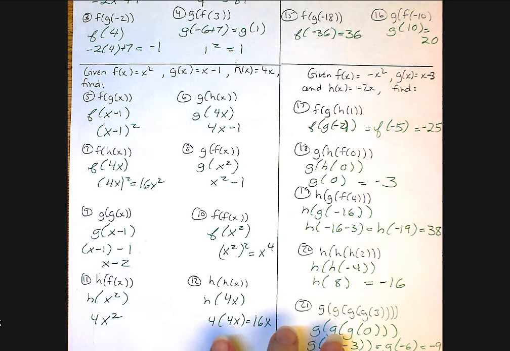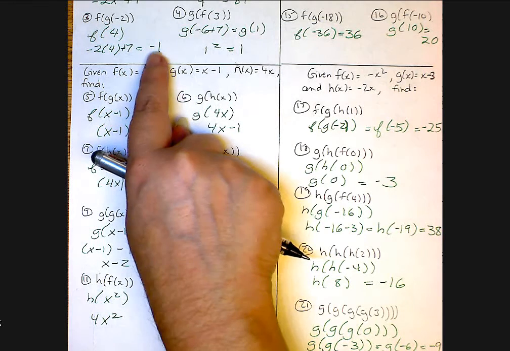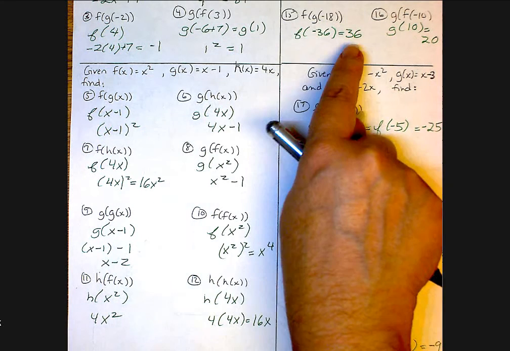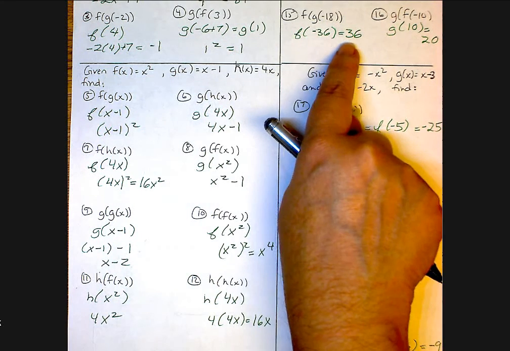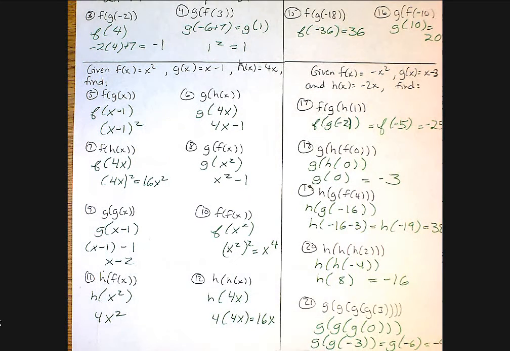Can I move this up now? Did you guys get, well, we did 3 together, but 3 is -1, 4 is 1, 15, remember, is the absolute value of 2x, and 16 should be 20. I'll move it up so the back row can see the bottom.